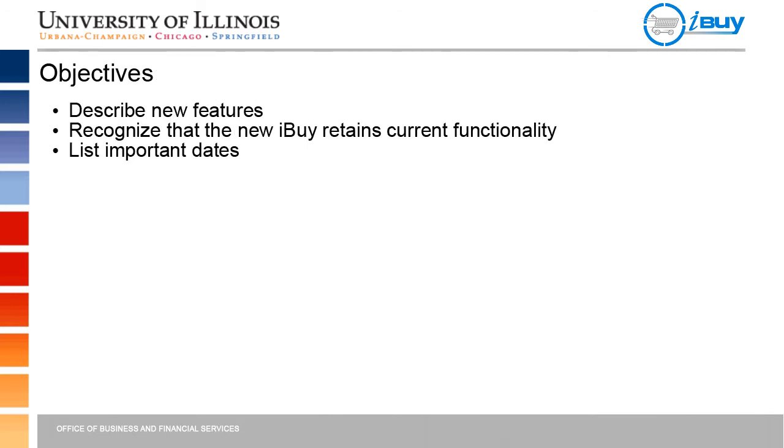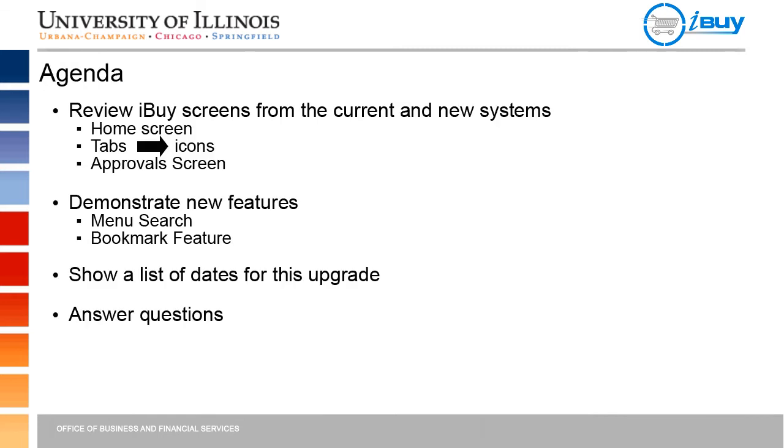The objectives of this webinar are to describe and demonstrate new features, show that the new upgraded system retains the same functionality, and finally provide a list of important dates to remember as we transition to the new iBuy. To meet the objectives, we will compare screenshots of the current system with the upgraded system.